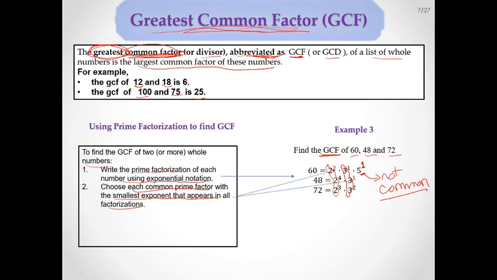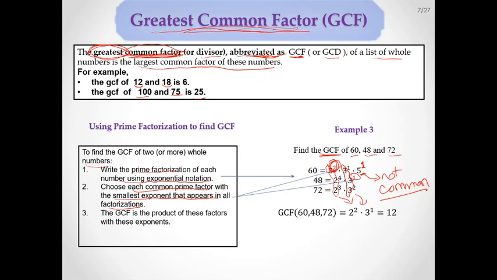So we pick 2 and 3 with their smallest exponents. 2 squared is the smallest power of 2, and 1 is the smallest power of 3. So we write them here: 2 squared times 3 to the first, so we get 12.